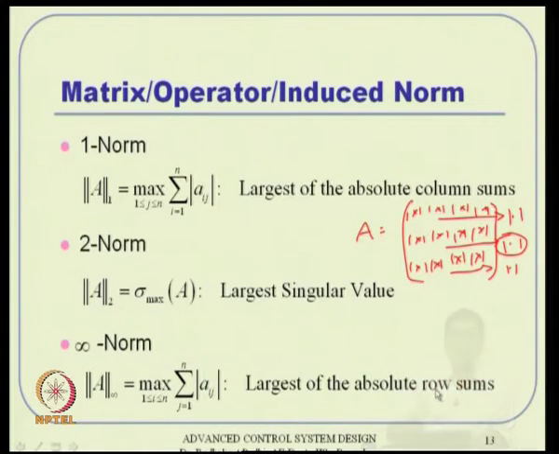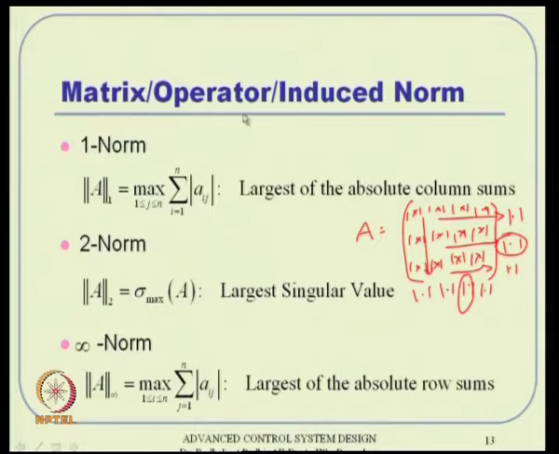Now, if I do the similar operation column wise, I take this column and find a number, this one and find a number, and so on, and say this is the maximum out of all that. That happens to be my largest absolute column sum, and that is my one norm.